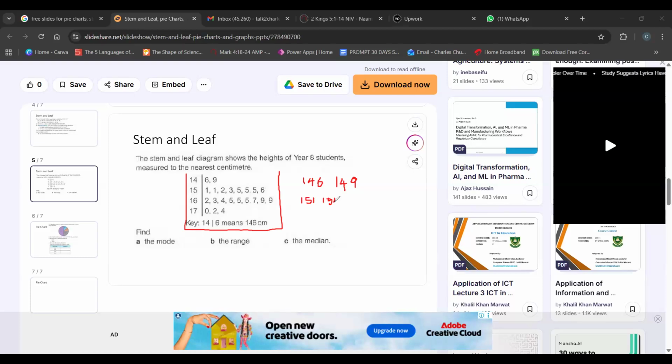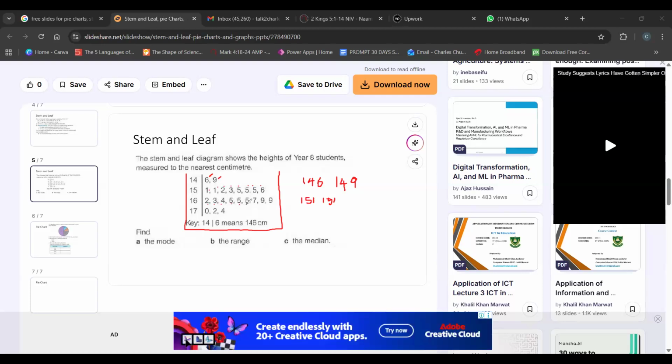Let's count how many. If we count the numbers here: one, two, three, four, five, six, seven, eight, nine, 10, 11, 12, 13, 14, 15, 16, 17, 18, 19, 20, 21, 22.